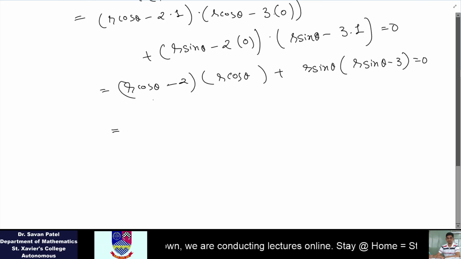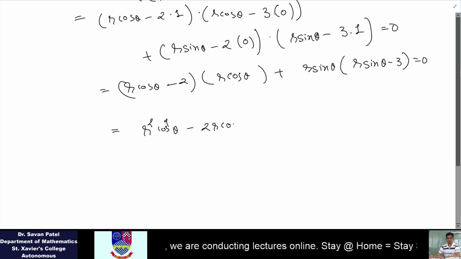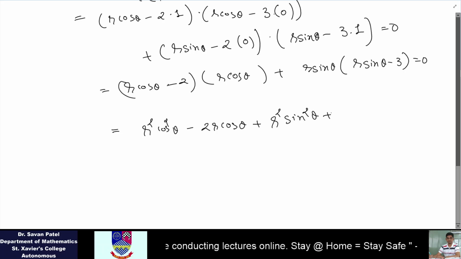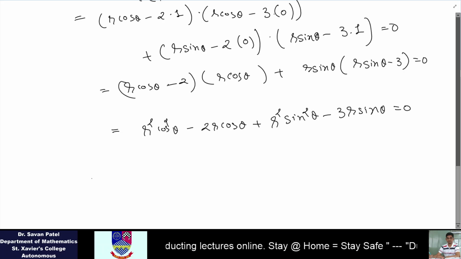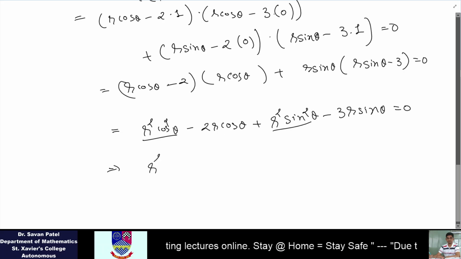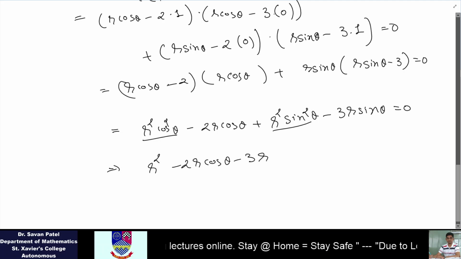That is, this is r square cos square theta minus 2r cos theta plus r square sine square theta minus 3r sine theta is equal to 0. R square cos square theta plus r square sine square theta is r square. So r square minus 2r cos theta minus 3r sine theta is equal to 0.